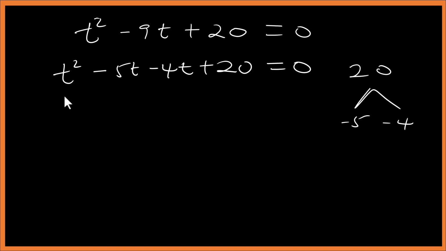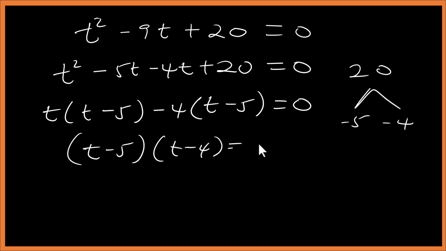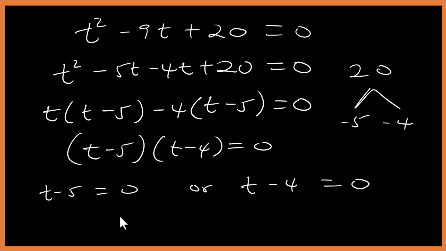Now let's take t out here: t out, t minus 5, minus 4 out, t minus 5 equal to 0. So we have t minus 5 times t minus 4 equal to 0. So we have a zero product. So t minus 5 equal to 0, or t minus 4 equal to 0. So t is equal to 5 or 4.